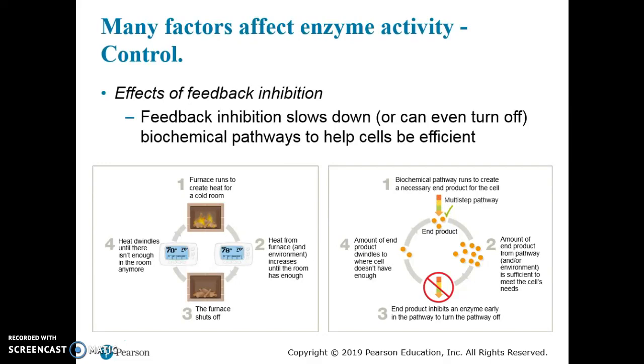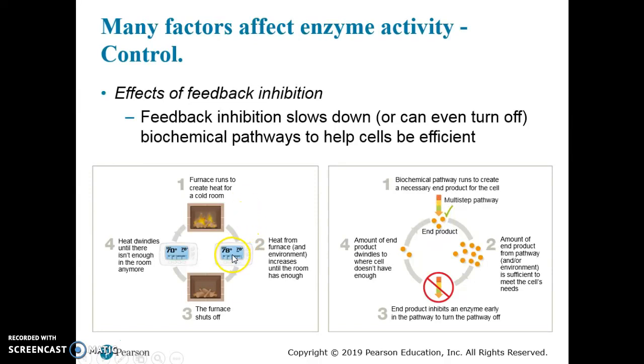Then there's what's called feedback inhibition. Feedback inhibition slows down or can even turn off a pathway so that cells are efficient. So in this case, you've got this cycle here. In the first scenario, the furnace runs to create heat for a cold room.